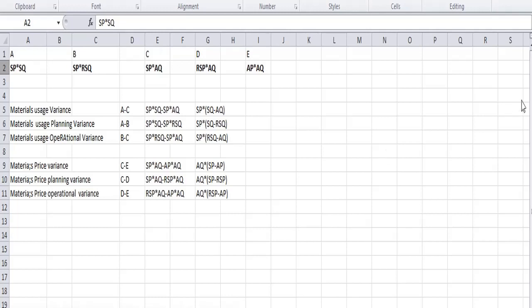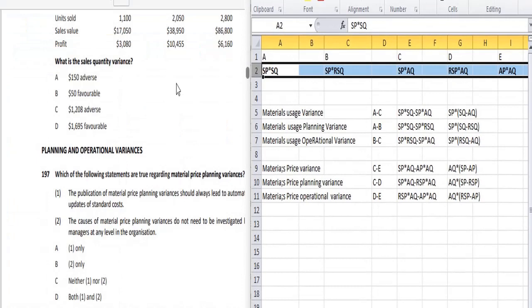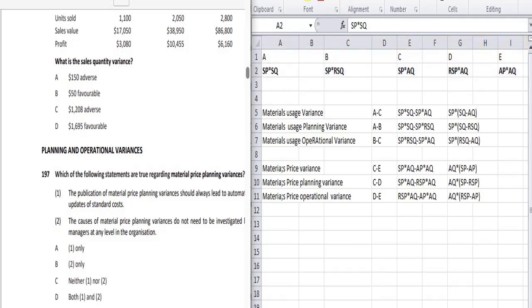Now coming to the question: which of the following statements are true regarding the material price planning variances?